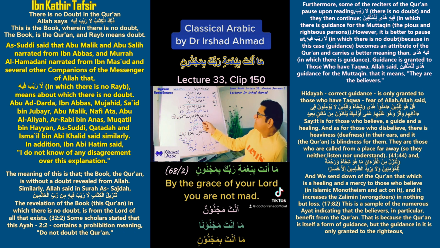So if you see here, the basic sentence here is anta majnunun. Anta mubtada, majnunun khabar. Translation will be you are a madman or you are possessed. Then we add ma in it, and that will become ma anta majnunan. You are not a madman or you are not possessed.